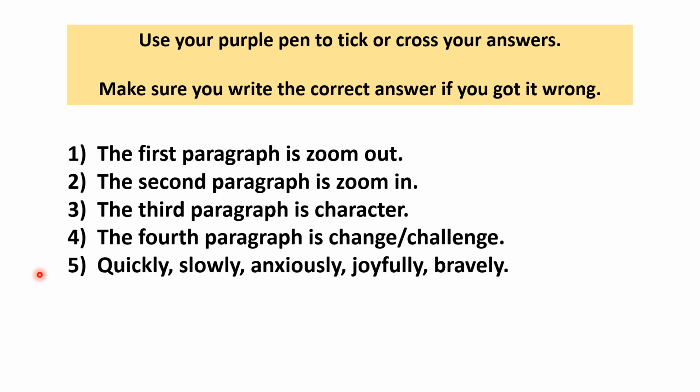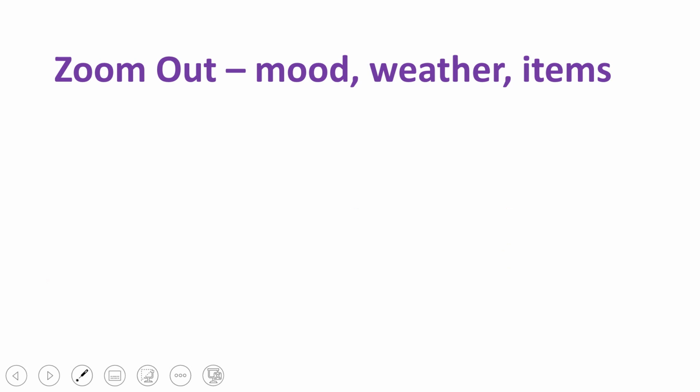Okay, so before you left for Christmas, we made a chant for each of our paragraphs to help us remember what each paragraph needs to include. So we're going to remind ourselves of that chant now. We have zoom out, where we talk about mood, weather, and 2 main items.